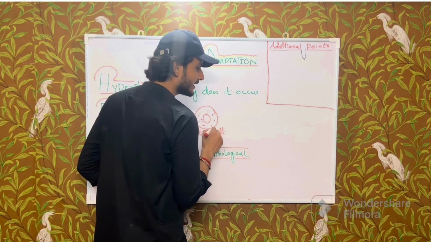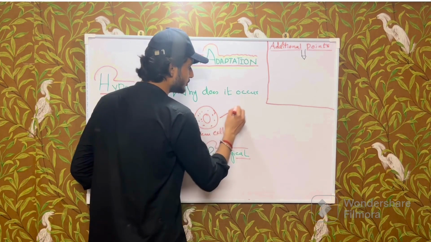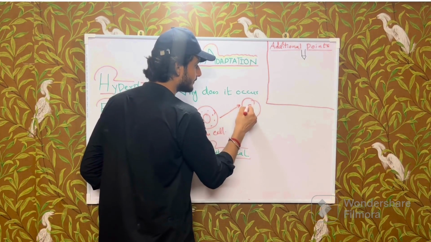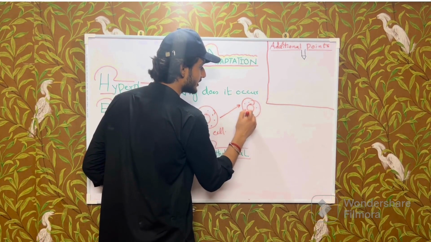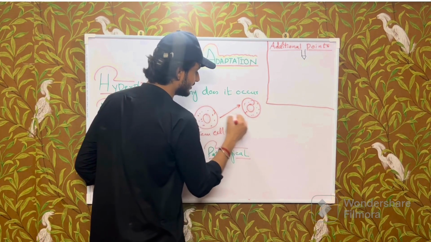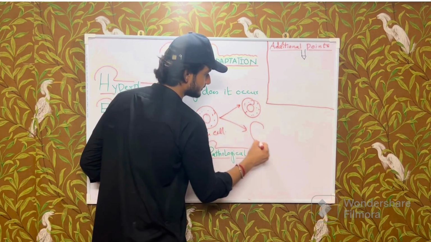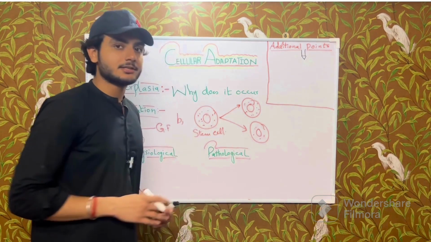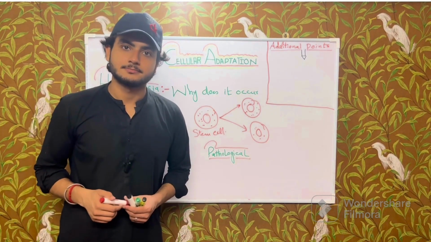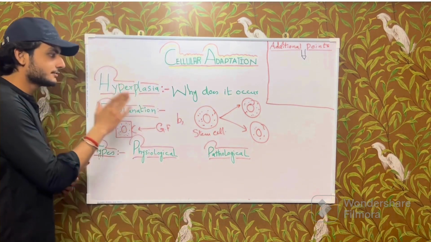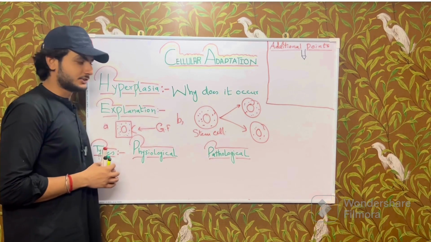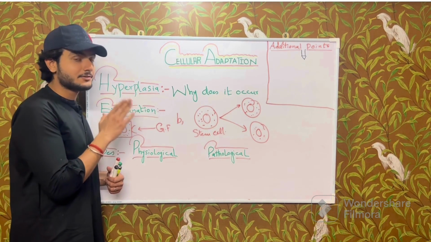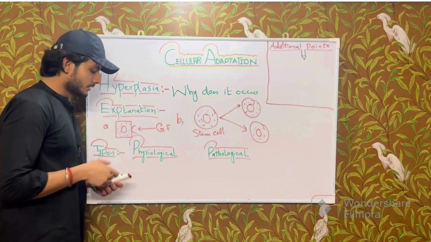If this stem cell has to divide into a daughter cell, it will divide. The daughter cell is formed. Alongside the daughter cell, there is also a stem cell copy. Therefore, they can maintain their original number. So because of the excessive stem cell proliferation, hyperplasia can occur. This is the second reason behind hyperplasia.